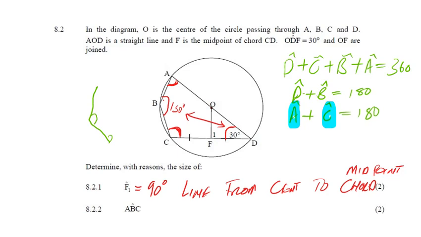I know that if I extend this, let's say this continues, we are talking about a straight line now. If I continue doing this, do you agree that we will have B1 and B2 now? Do you agree that this is 180 now? Yeah.